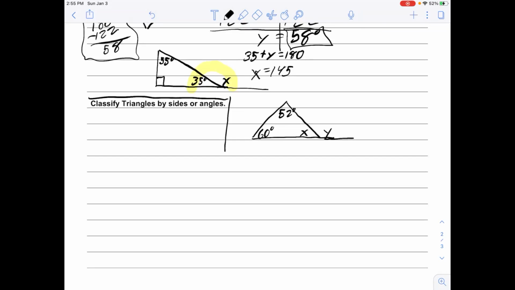So, to solve this problem, the first thing you want to do is find x. Now, we know that 60 plus 52 plus x has to equal 180 because these three form a triangle. We can solve this to find x.